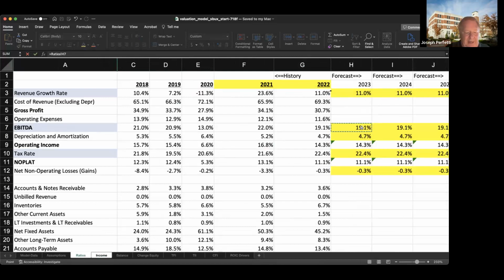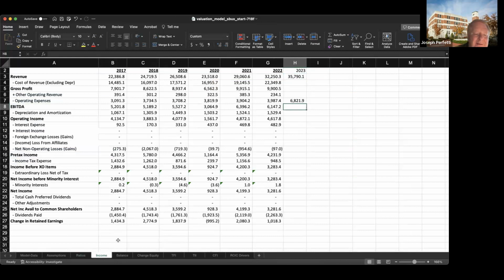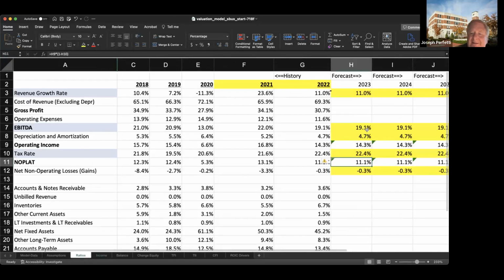And we're going to multiply that by, from the income tab, 2023 revenue. Revenue times the percentage of sales says our EBITDA would be 6821.9 if we get 19.1% of sales.